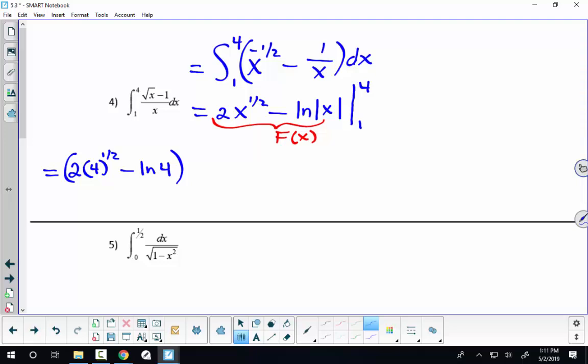We subtract off the antiderivative evaluated at the lower, so minus. And since we have more than one term, you want to be careful because we have to subtract off that entire quantity. So we have minus the quantity 2 times 1 to the 1/2 minus the natural log of 1.